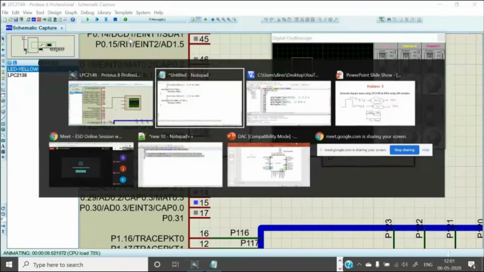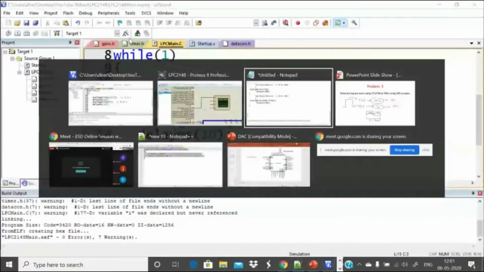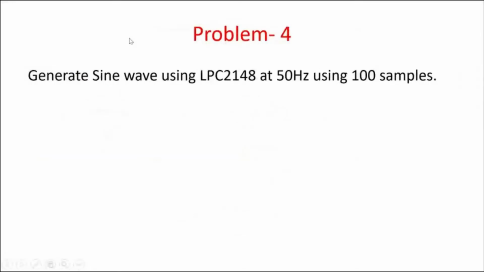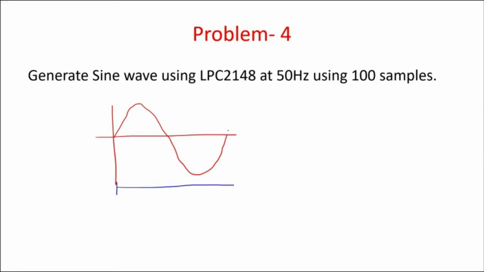So let us go to the next problem. Problem 4. Generate a sine wave using 100 samples. So this is my total time period, T is equal to 20 milliseconds for 100 samples.